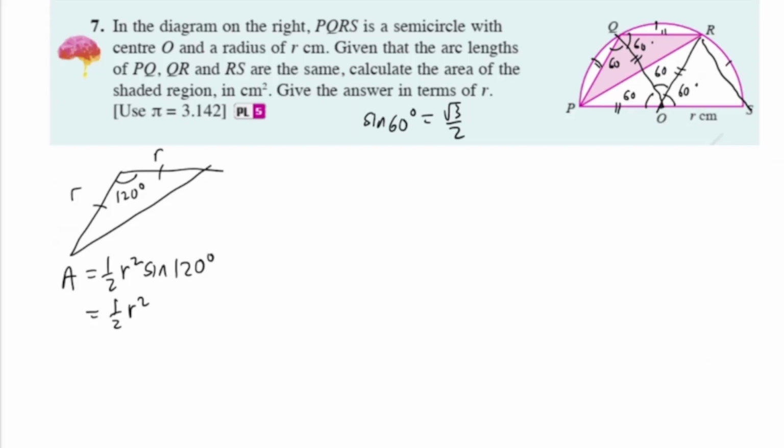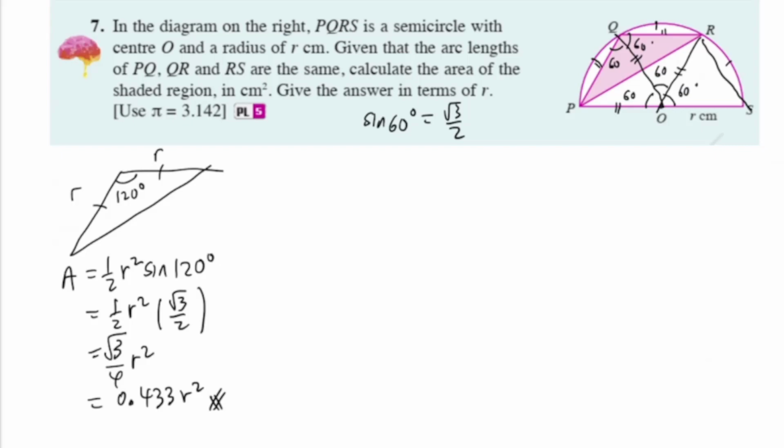But actually sine 120, we can get this answer if you are using the silver calculator or the black and white calculator. They will give us root 3 over 2, which is going to give us root 3 over 4 r squared. But if you use the gray calculator, you will get your answer in decimal, and I think the text will give answer in decimal, 0.433 r squared.